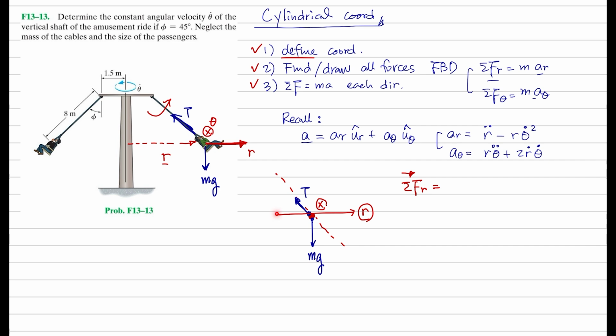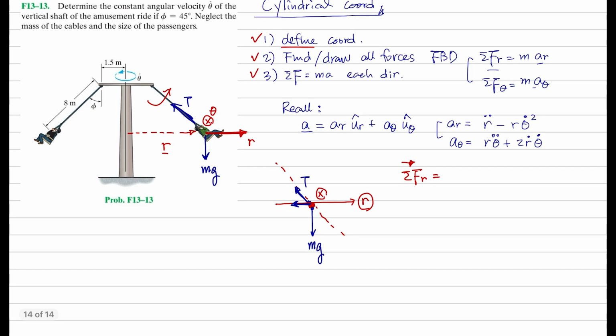So the forces along this axis, this T, can be decomposed into this direction, and let's have it vertically like that. Okay, and the angle here is 45 degrees in our case. So this is 45. So here is T sine 45 degrees, and this would be T cosine 45 degrees.